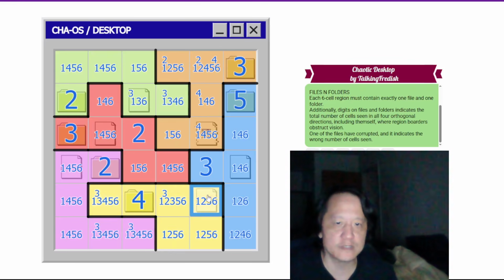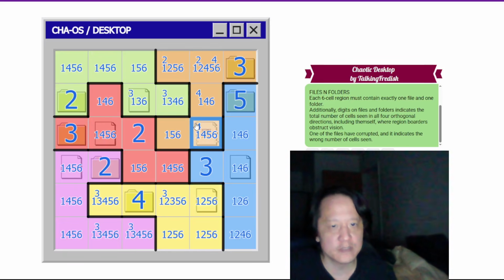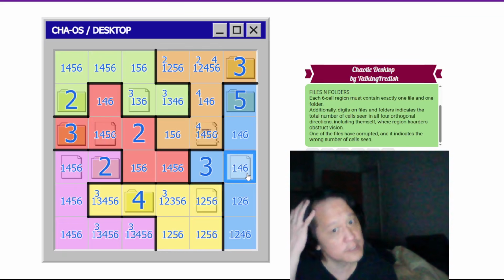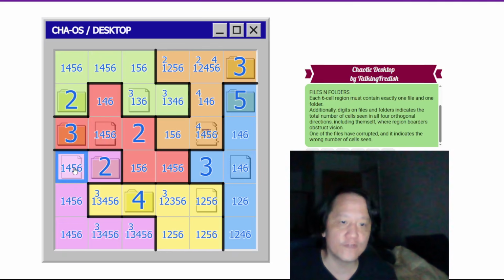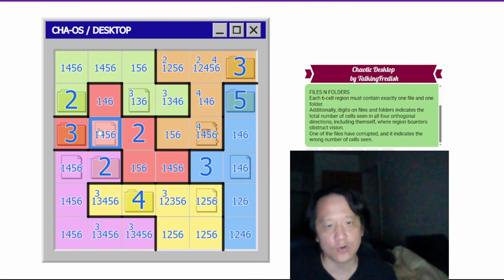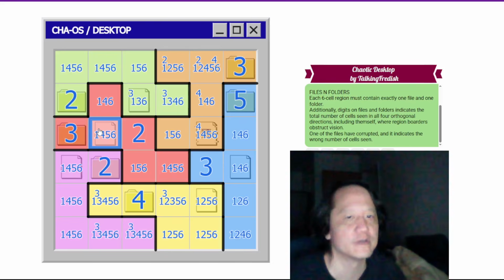So obviously this sees 5 cells. This sees 4. This sees 6. This sees 4. This sees 4, but we don't know which one's corrupted.